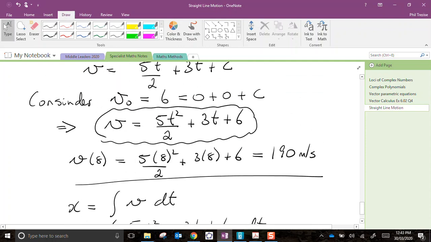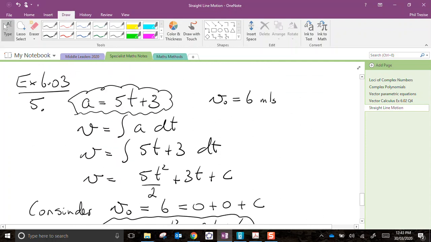Now they didn't tell me anything about the initial conditions for x, did they? So I will assume that x naught equals 0. Is that reasonable? Yes, it is, because all it really means is that the origin of my reference system just happens to coincide with the starting point of our particle, and that's quite a reasonable assumption.